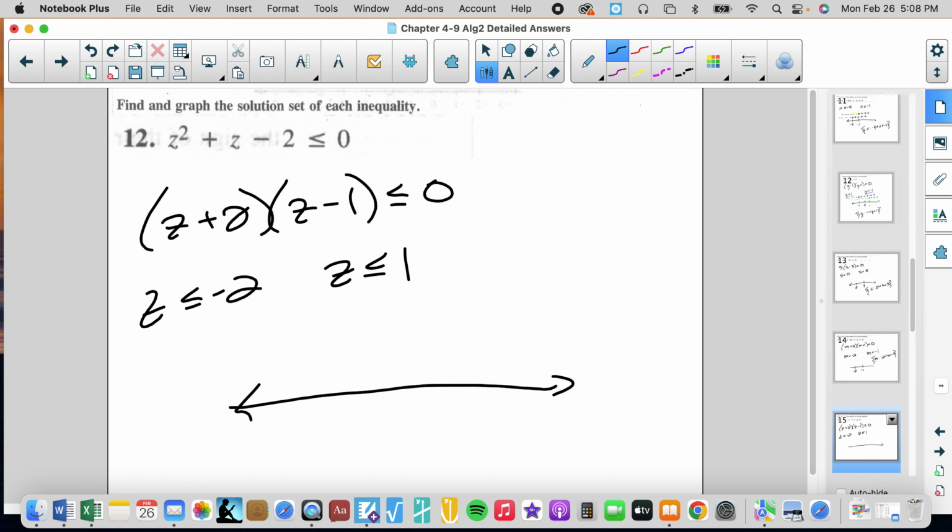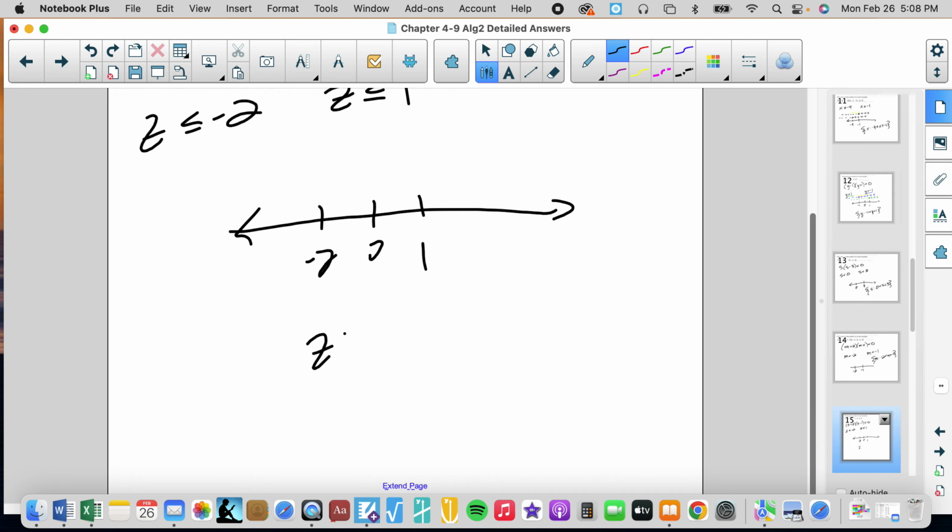Negative 2, 0, 1. So yes, z, and that's going to be negative 2 is less than or equal to z, which is less than or equal to 1. That's the correct answer.